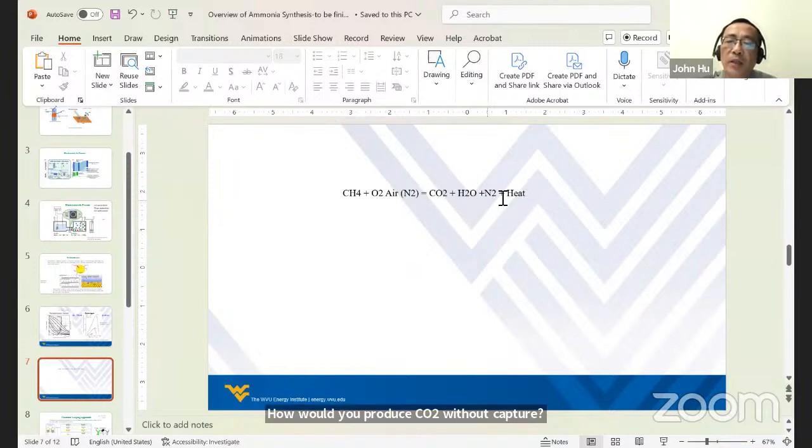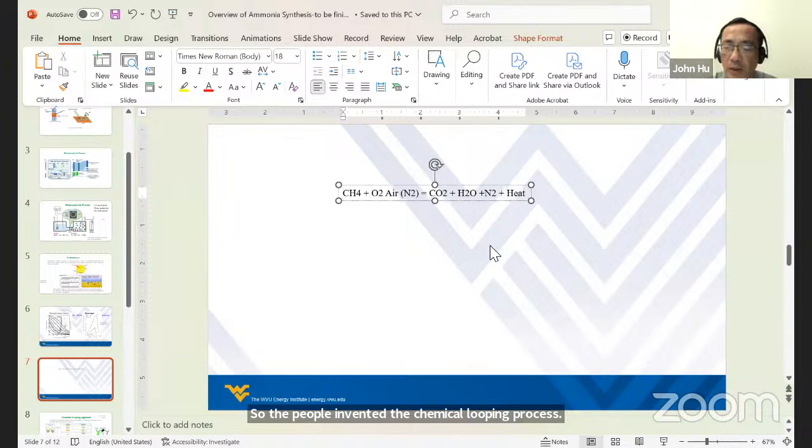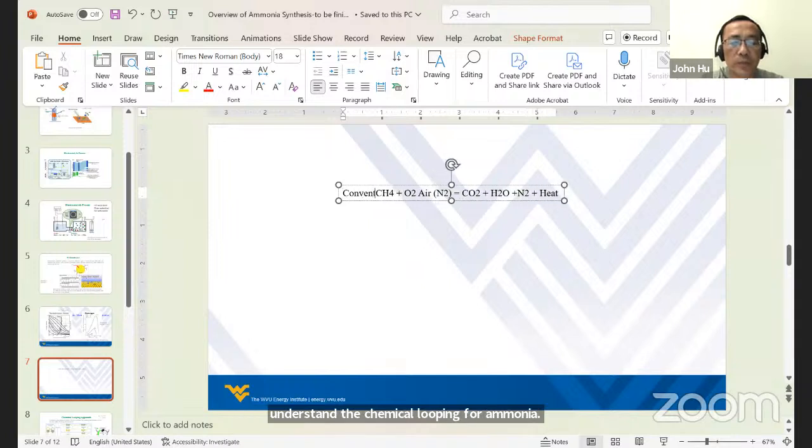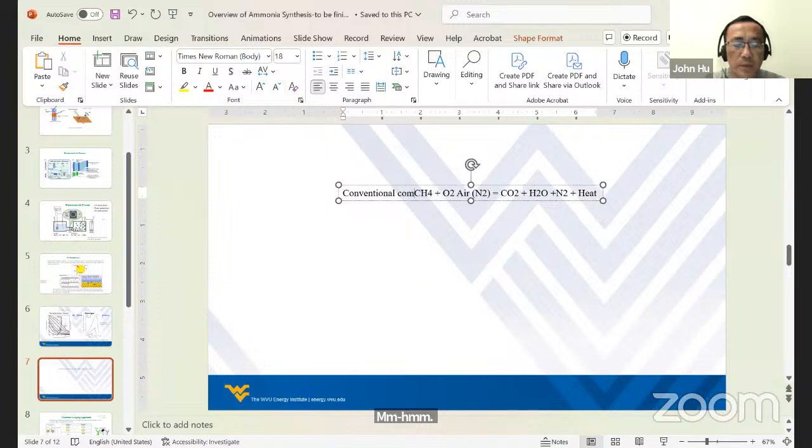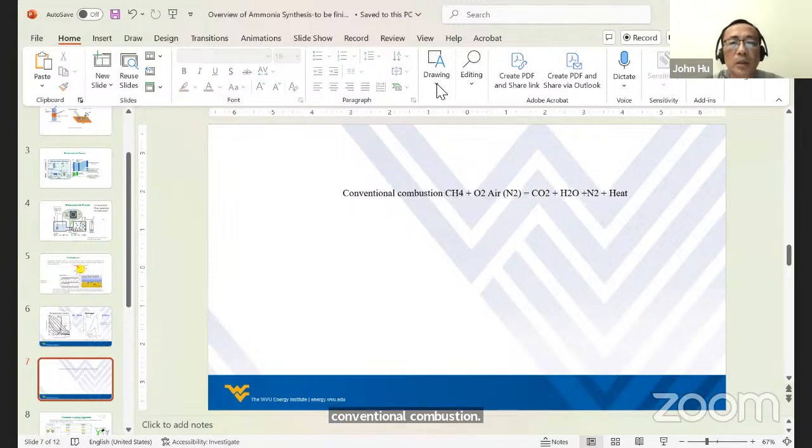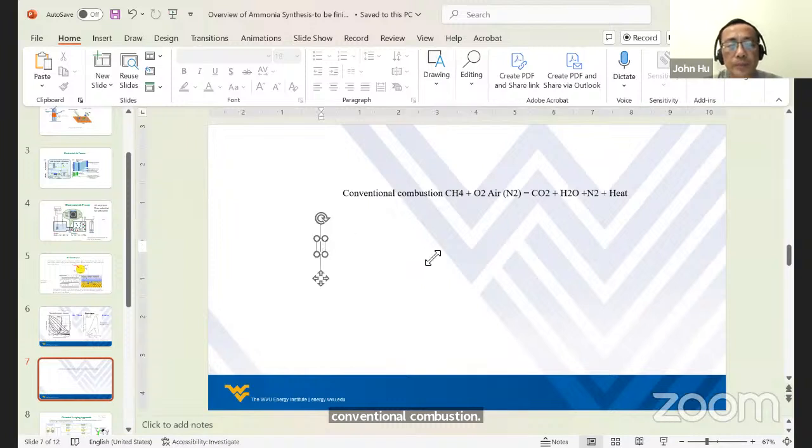So people invented the chemical looping process. Once you understand what I'm saying here, you will understand the chemical looping for ammonia. This is called conventional combustion. So let's do chemical looping.